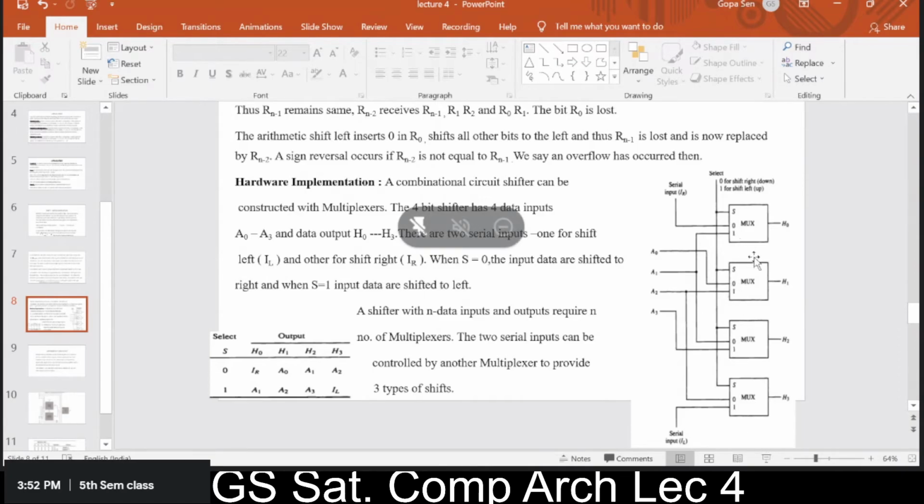Obviously, each multiplexer will be 2 by 1 with a single control S bit, and they will be the same. Now, this IR, IL can be changed to different values corresponding to logical or circular or arithmetic shift, controlled by another multiplexer to provide the three types of shift.